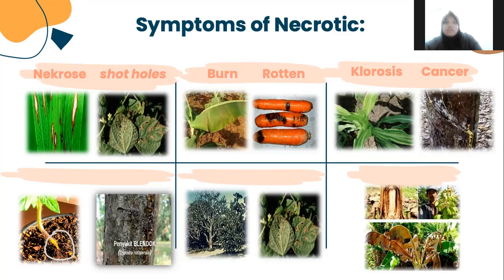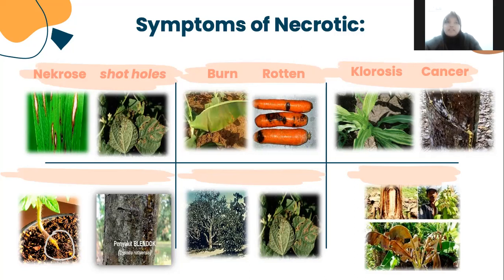Fifth, chlorosis. The symptom occurs because of the destruction of the chloroplast, causing yellowing of plant parts that are usually green.